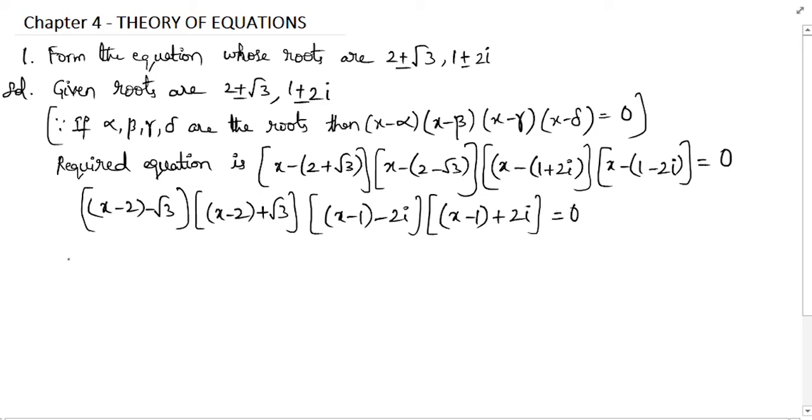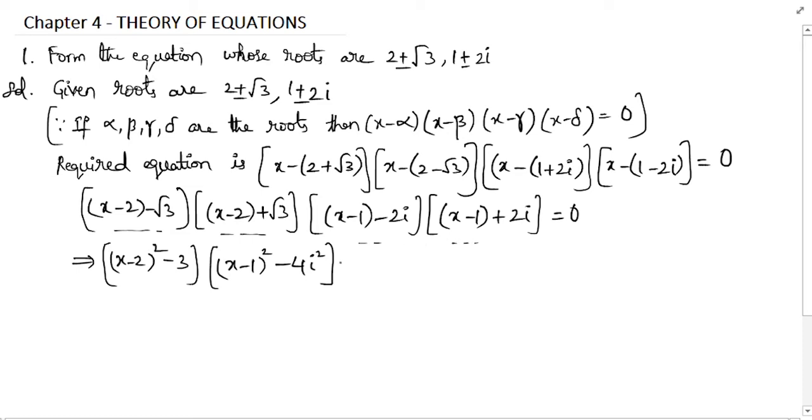Okay, so that implies (x minus 2) whole square minus 3. How did you get this? Because these two are in the form of a minus b into a plus b. So we know that a plus b into a minus b will be equal to a square minus b square. And this one will be (x minus 1) whole square minus 4i square, which is equal to 0, right?